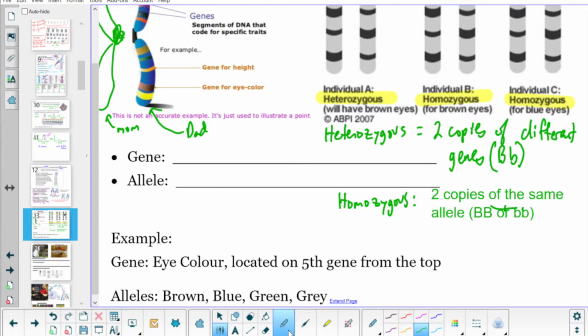Yeah, each letter is a copy. So you personally will either have capital B, one from your mom. So this came from mom, and that came from dad.